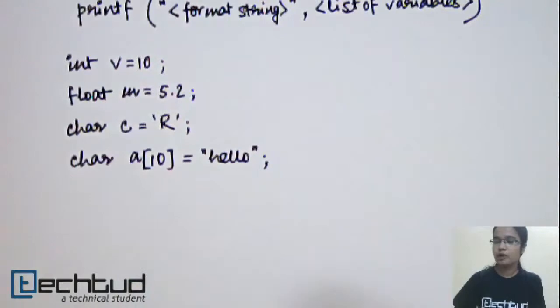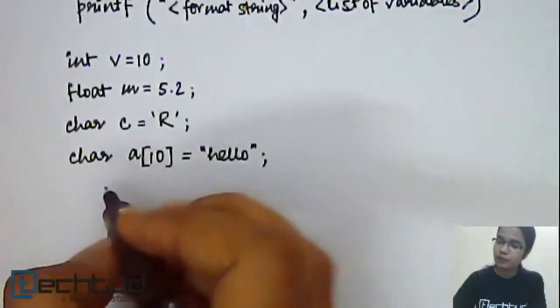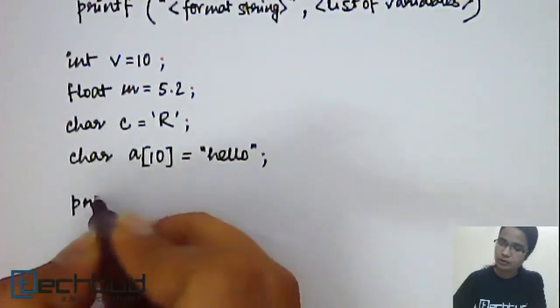Okay, so now I need to print all these values. So how do you write it?